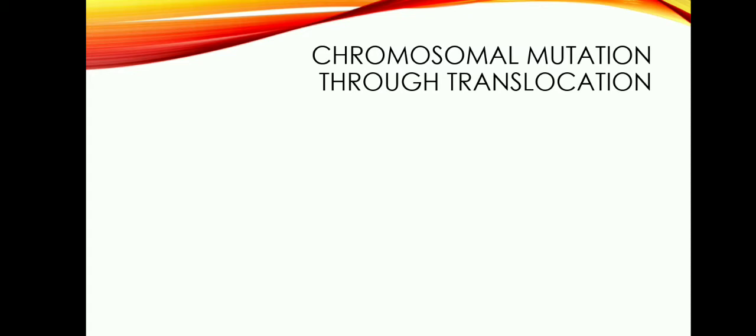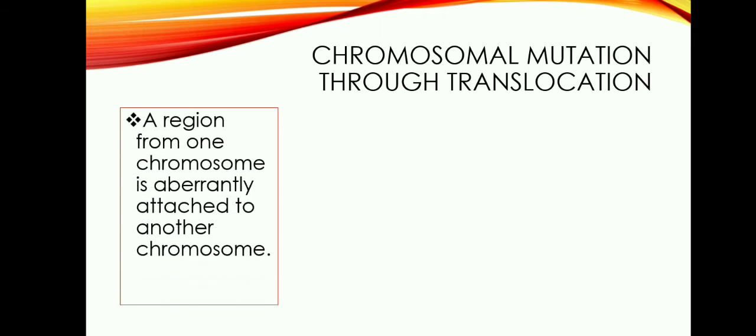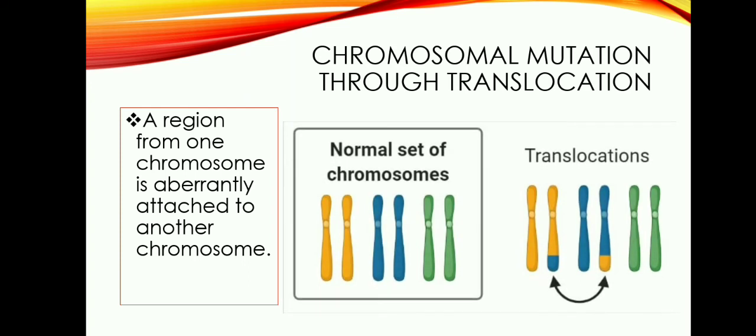Chromosomal mutation through translocation. This process shows wherein a region from one chromosome is aberrantly attached to another chromosome, showing the normal set of chromosomes.